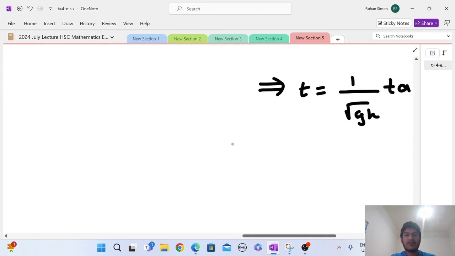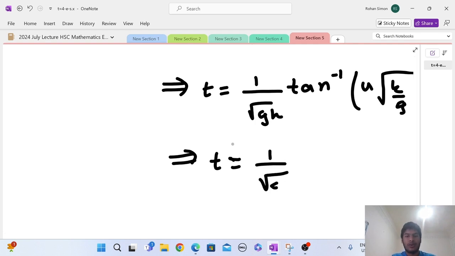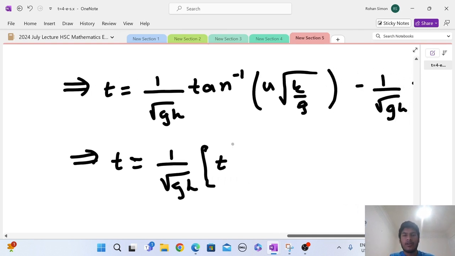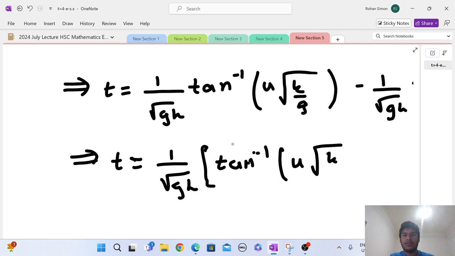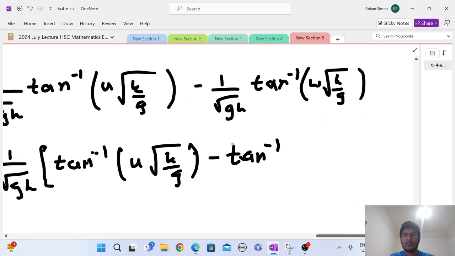Now this is a longish expression, but we just have to be careful with things. Okay, and so our t expression, if we pull out a 1 on root gk, is pretty much what we're looking for. I'm just cleaning it up into the form that they've specifically asked for: tan inverse of u square root k on g minus tan inverse w square root k on g.